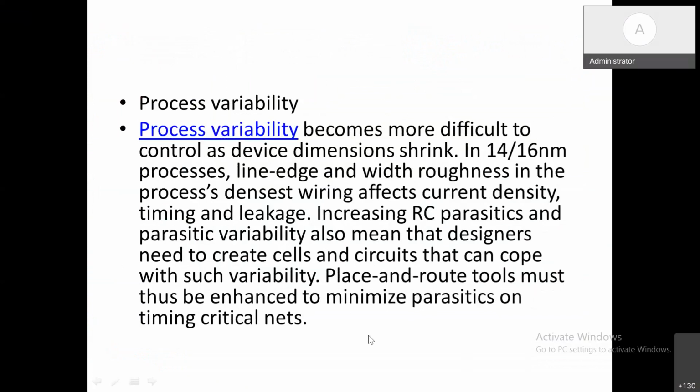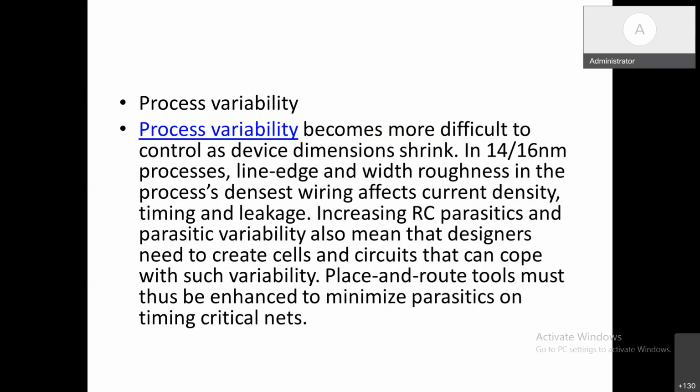Then process variability. You know that for the process parameters, we have to see that voltage, current, and temperature are varied. So here we have to see that the line edge and width edge roughness and the process density of wiring affect the current density, timing, and also the leakage.